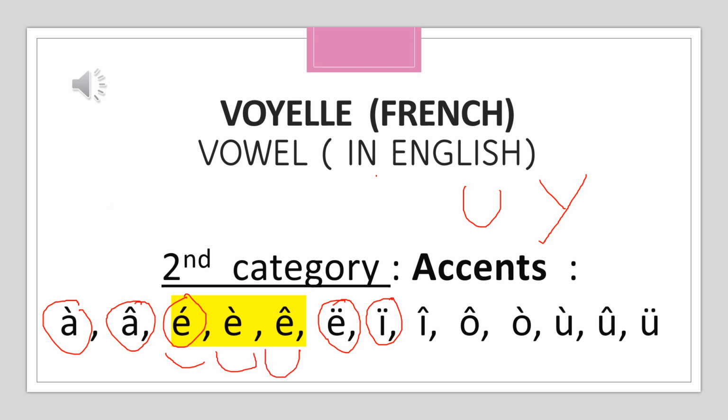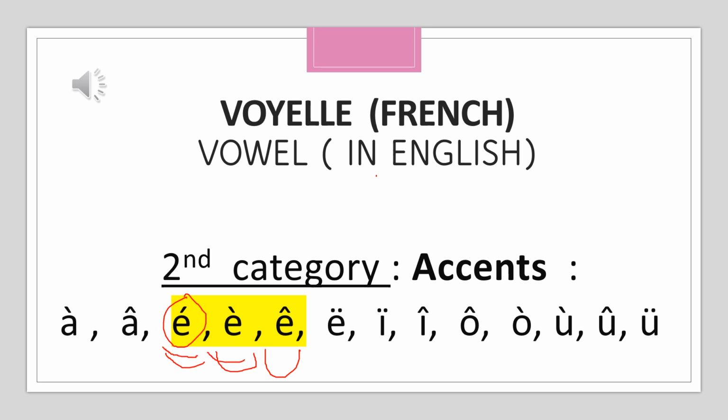Okay, so é, à, and â. All those three are the same vowel but with a little sign on top of them that significantly changes the pronunciation of those vowels. Okay, so let's jump in and go to the next slide.